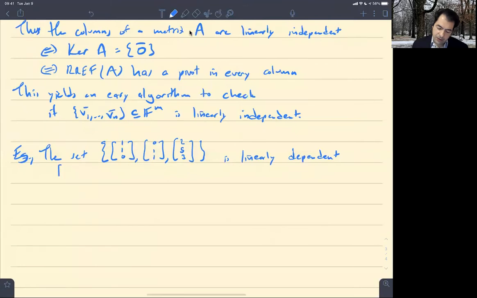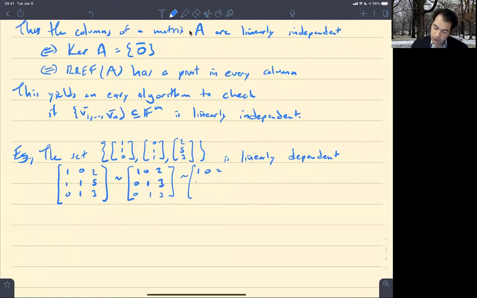So in this case, if I put them as the columns of a matrix, and I put this in reduced row echelon form, then what I would do is first use this pivot to clean up its column. So nothing happens here. Here, I would just subtract the first row. So I would end up with this. And then nothing happened here. And then I would use this pivot to clean up its column. And so I would end up with (1, 0, 2), (0, 1, 3), (0, 0, 0).